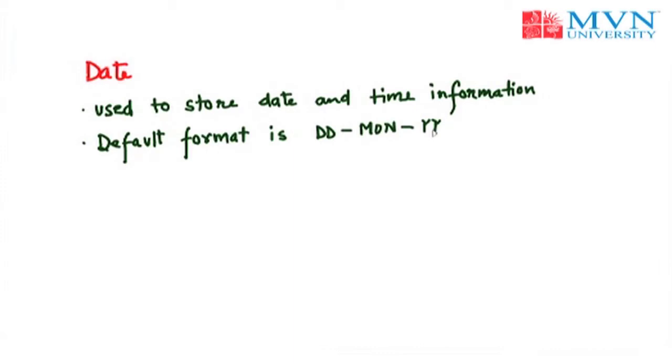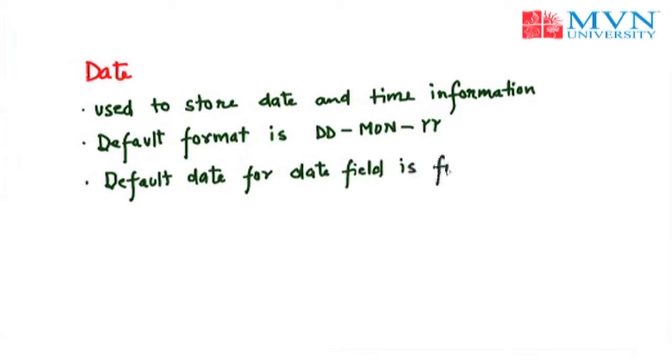If you want to enter a date other than the standard format, then you have to use appropriate functions. The time is stored in 24 hour format. The default date for a date field is the first day of the current month.